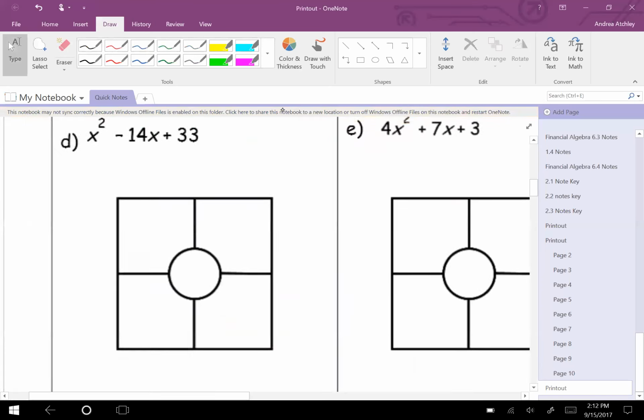Okay. So we just did E, so we're not going to do that one, but we're going to do this one. Let's write it in. This is x squared. The middle box is negative 14x, and this is 33. Okay, so we're going to multiply.